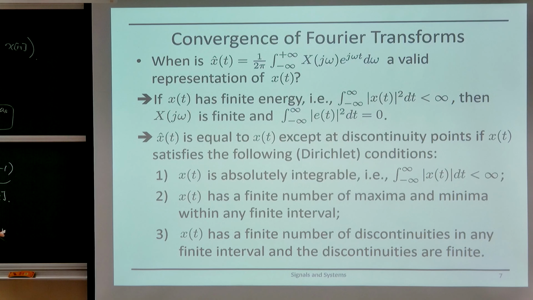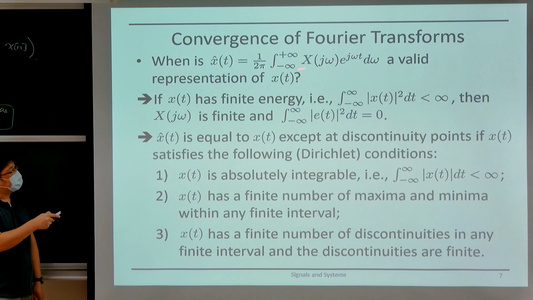So the question is, when does this integral here, let's denote it as x hat, provide a valid representation for the original signal x of t? So when does this Fourier transform exist?